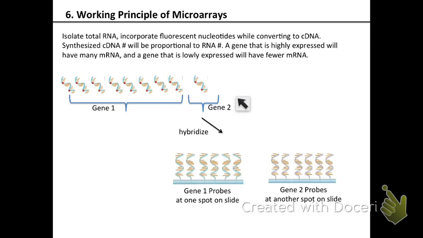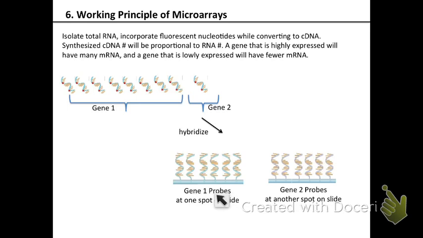All right. So a gene that's highly expressed will have many mRNA, and a gene that's lowly expressed will have fewer mRNA, and the amount of cDNA you're going to get out of this reaction is going to be proportional. So then you're going to take the cDNA, and you're going to hybridize it to the microarrays. The microarrays are going to have DNA molecules corresponding to gene 1.